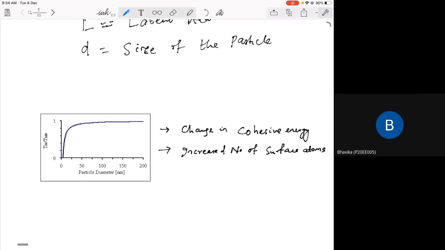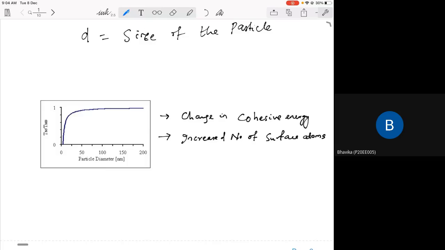And this graph here shows how the variation is with respect to the particle diameter. I think this was for gold nanoparticles, I don't remember exactly, or maybe sodium. Nevertheless it captures this dip. On the y-axis you see the ratio of your melting point to the melting temperature of the bulk material.